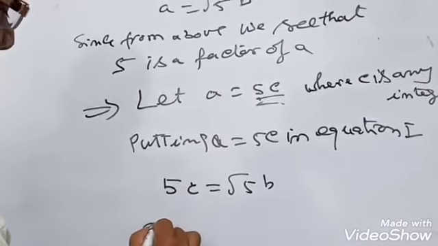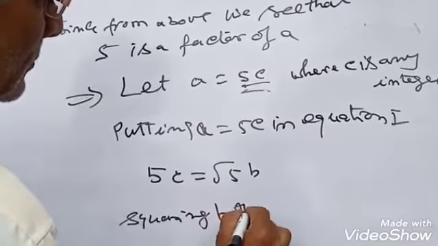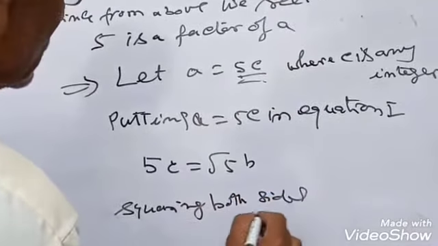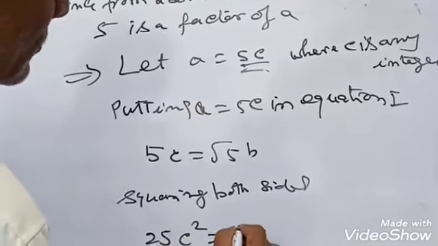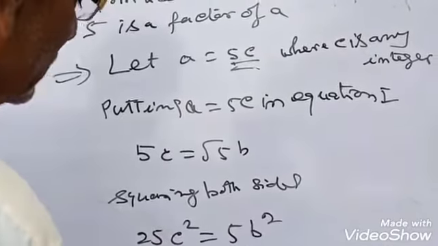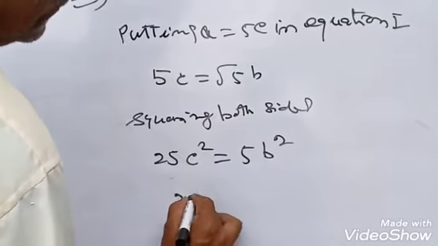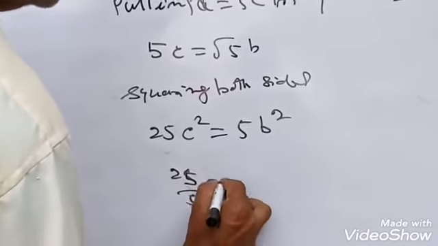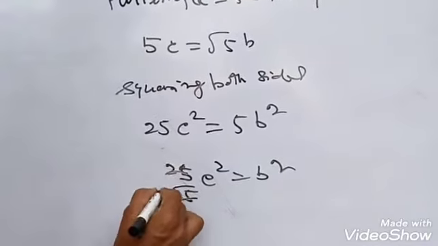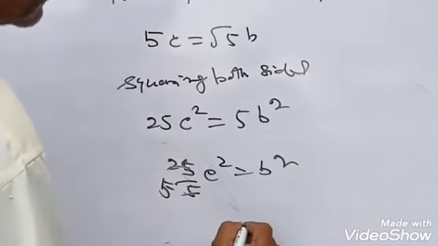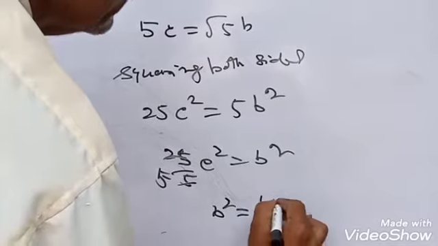Now squaring both sides, 25c square is equal to 5b square, or 25 by 5 c square is equal to b square. So 5b square is equal to 5 c square.